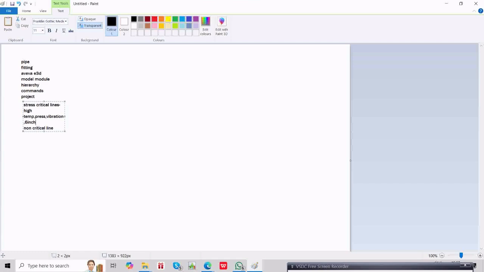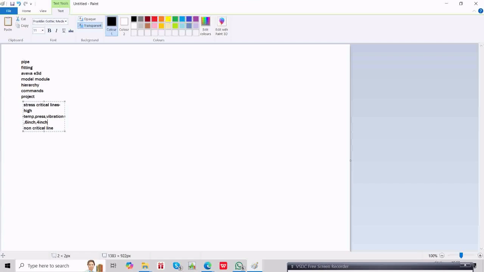In some projects, the client says I want to consider all lines above 4 inch to be stress critical. This 4 inch or 6 inch depends totally on the client requirement. If the client wants to save money, he will say do stress analysis only for 6 inch and above, because as the number of pipes increases, it will increase the cost of the project. Correct? So it totally depends on the client requirement.